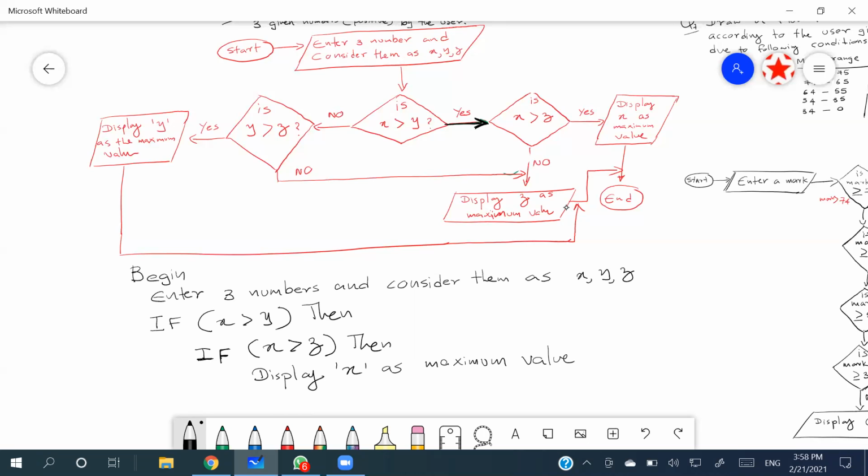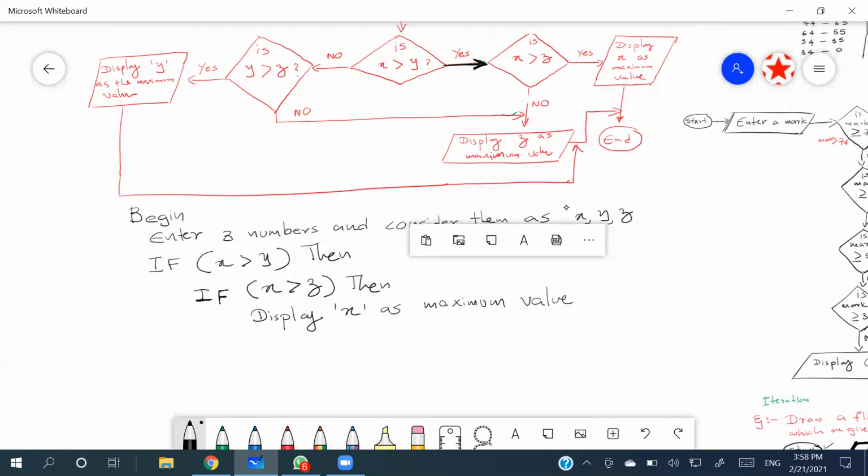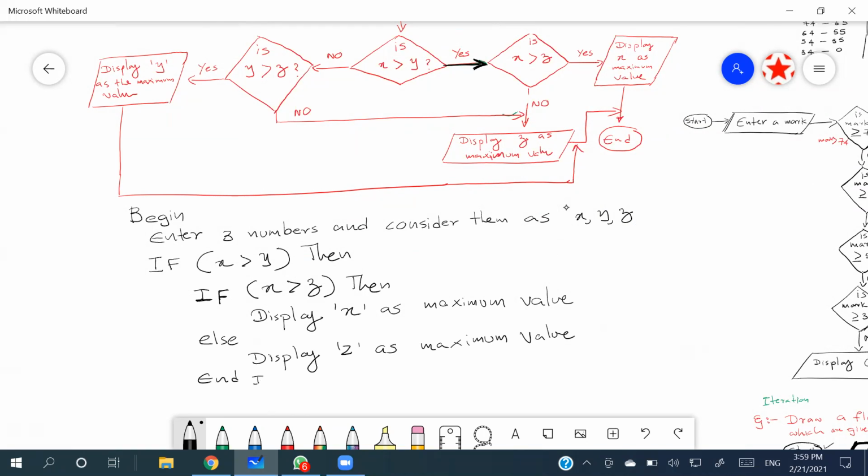And if it does not, that means the else of the inner one, display z as maximum value. Then an end if will be there just for the nested one.